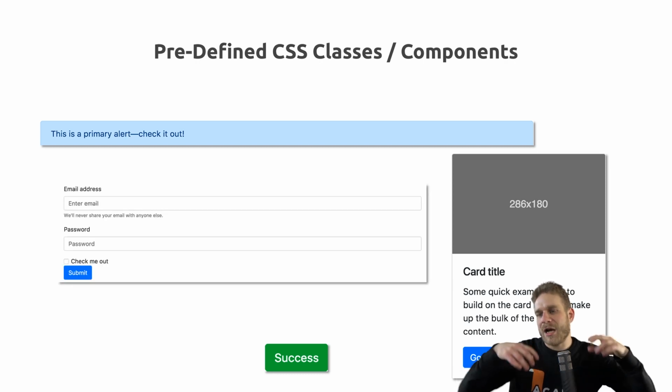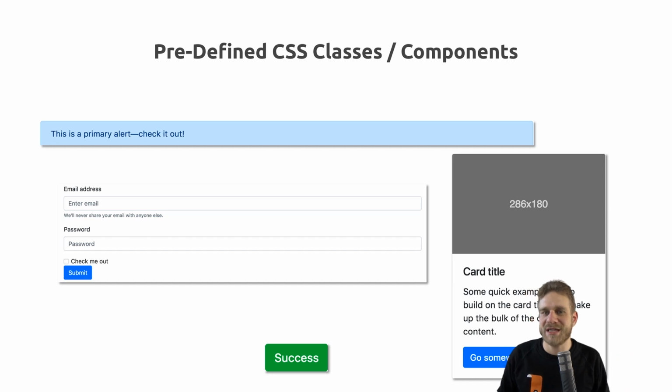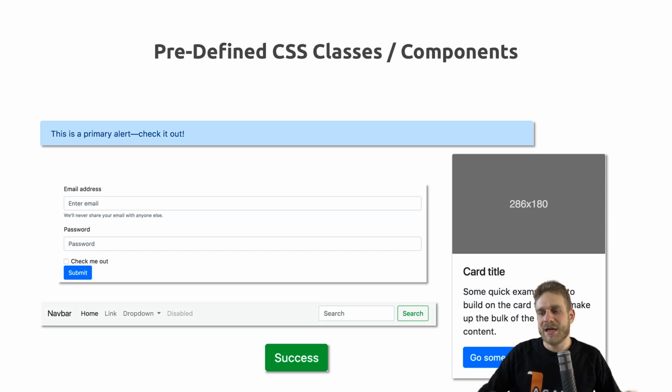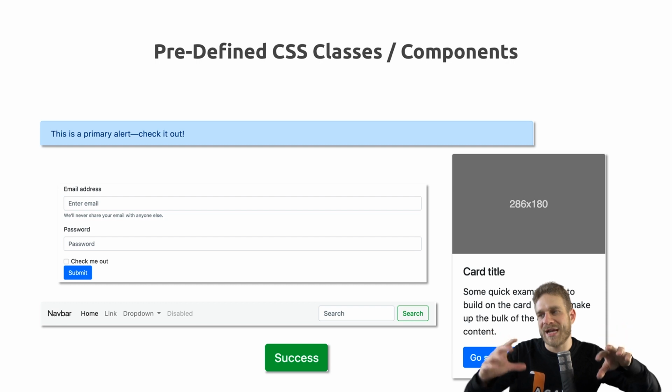We have our forms, so we can easily add nice looking forms because the inputs and drop downs and so on, they all can be styled in a very nice and professional way. And we can also conveniently and easily add a navigation bar with links, a brand, maybe a search bar. And these are all highly configurable. So we can add one CSS class and connect it with others to get a different look.